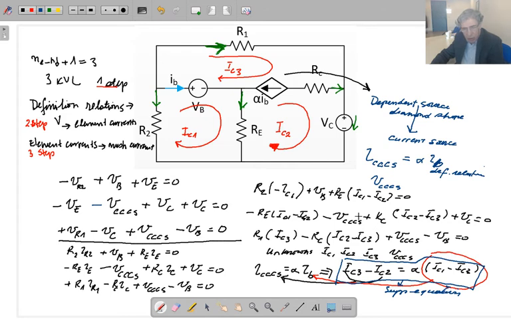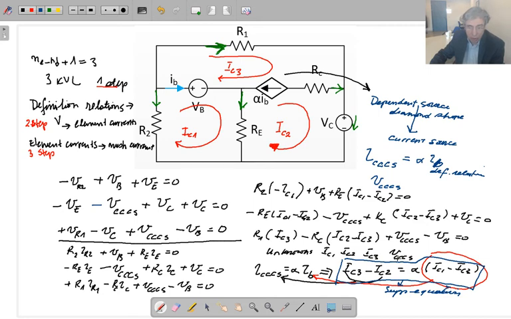In these three equations I wrote the fourth equation. So altogether I've got 4 equations and 4 unknowns. So I can find out all the element currents and voltages. That is the next step. I mean, I can find all these unknowns here, that means mesh currents plus the current controlled current source voltage.